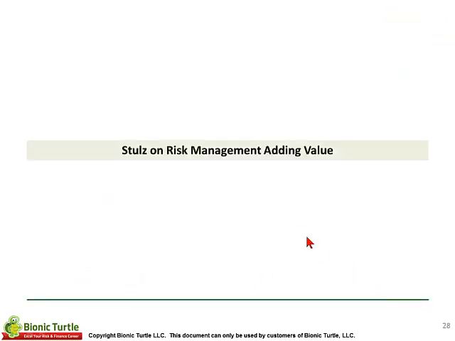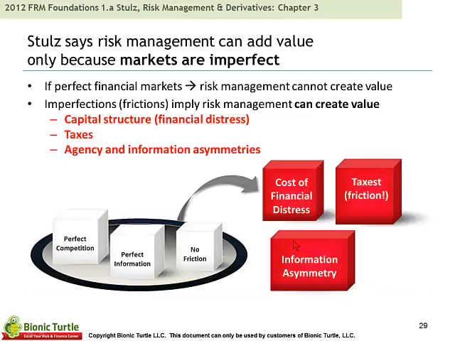For Stulz on risk management and how it adds value, we know this chapter in Foundations is notoriously difficult for candidates. It's a difficult read. I'm going to boil it down here. And the idea is simply that if financial markets are perfect, Stulz first asserts in Chapter 2 that risk management cannot create value. Okay, so we start with the premise that risk management cannot create value, but that's in perfect financial markets.